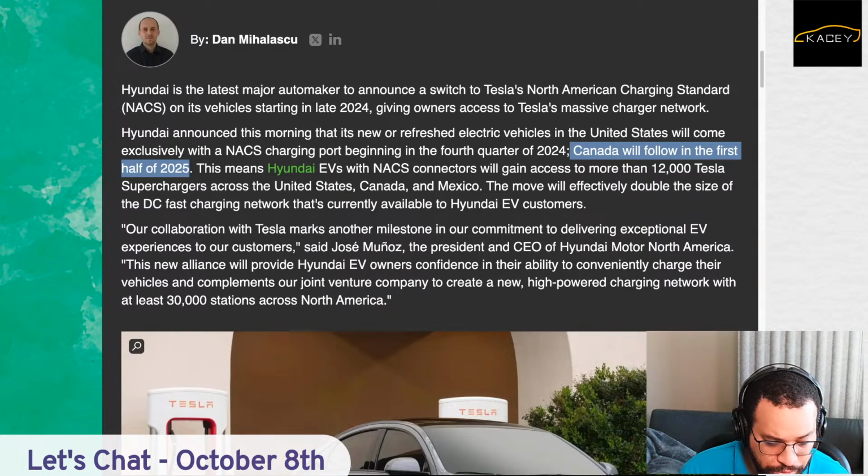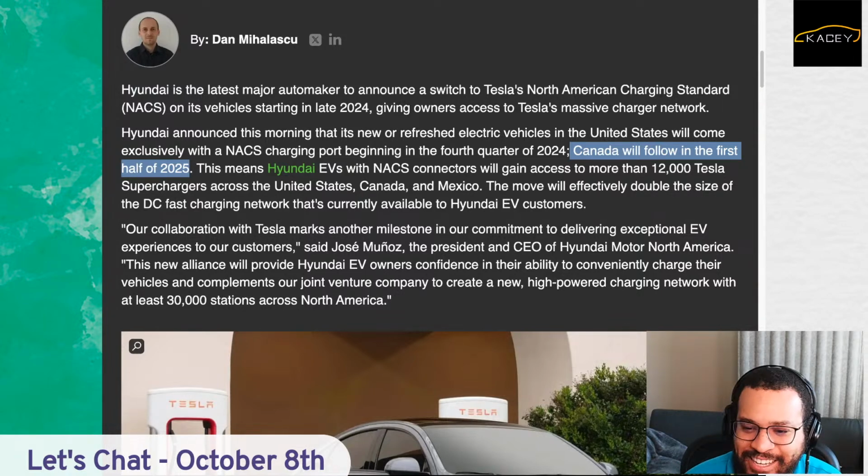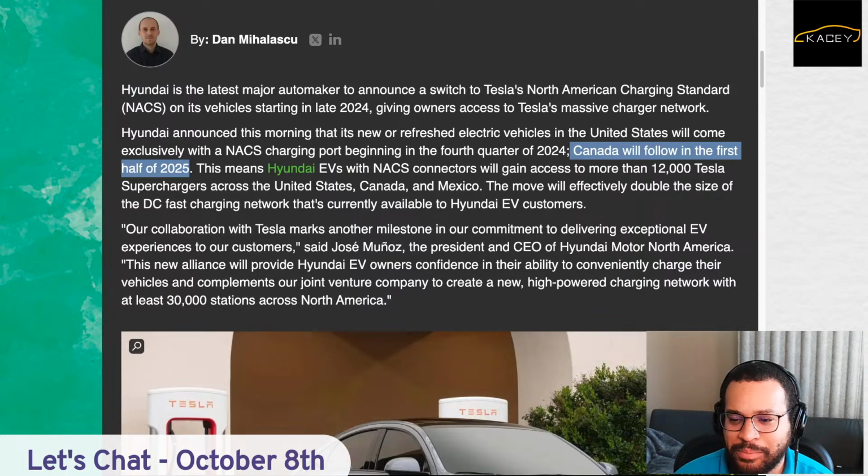So the question there is, are they counting each individual plug as a station, for one? And have we got anything besides the agreement to make a company for that other charging network?